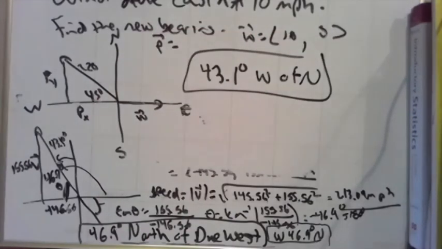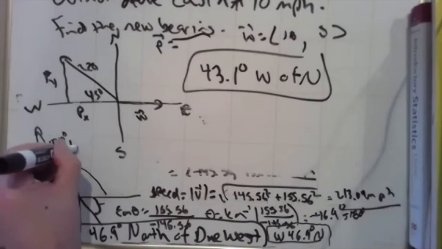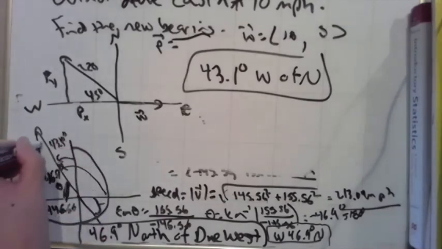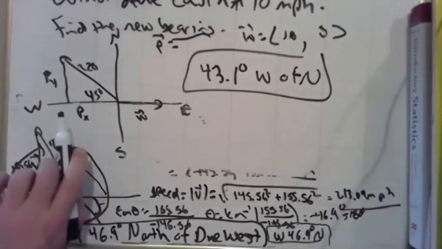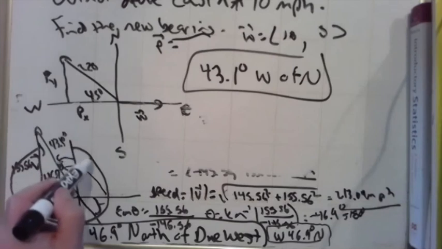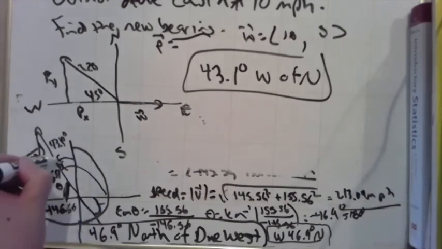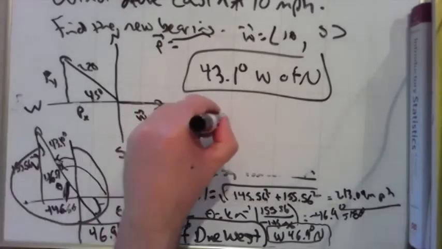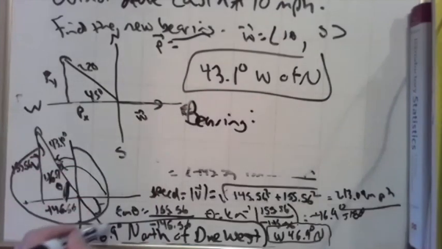Perfectly fine. Or if I wanted to give bearing, remember that's what the question asked, that would be trying to measure this angle all the way around. So 0 degrees is straight north. This would be 180, 270, plus another 46. So if I wanted to give bearing, that would be almost all the way around.